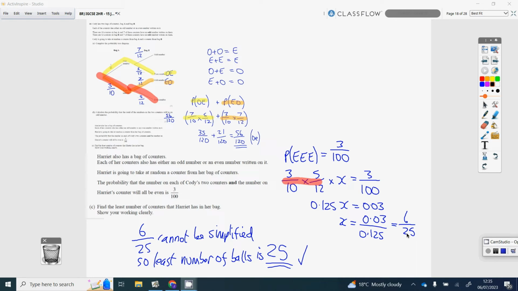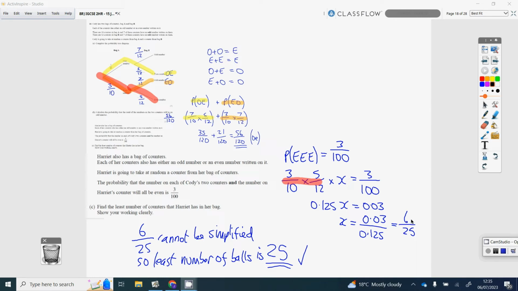Now think about it. That can't be simplified. So in order to get a whole number on top, the numerator has to be a whole number, we're going to have a minimum of 25 counters in Harriet's bag. Okay, so just think about it. Anything less than 25, this is the fraction, this is the probability.